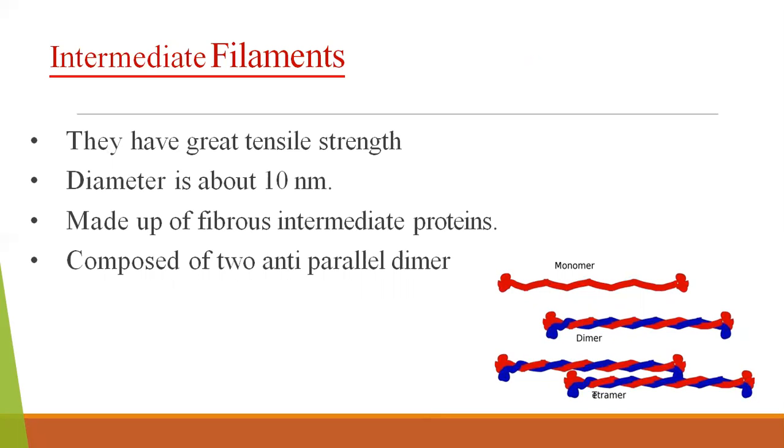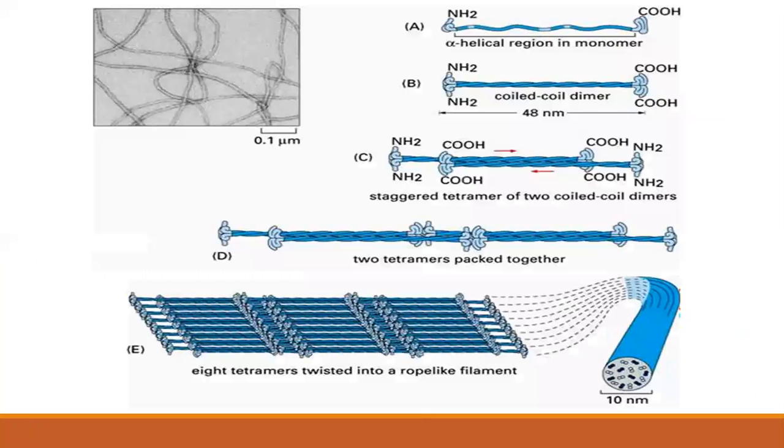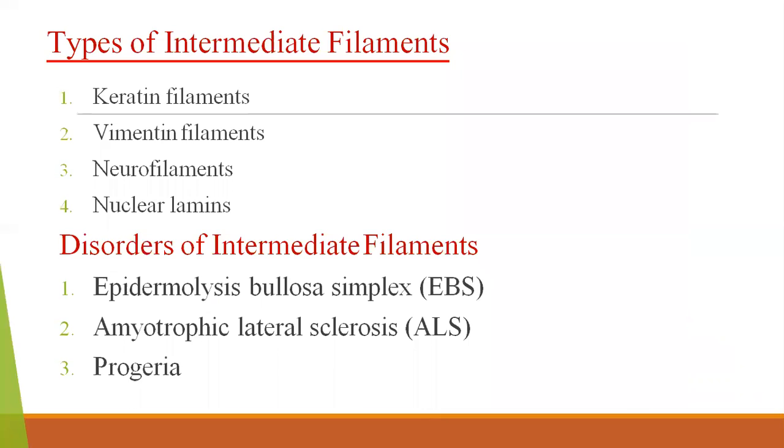If it is one, it is a monomer. If it is two in parallel, we call it a dimer, and if it is four, a tetramer. So this is the basic structure of monomer, dimer and tetramer.